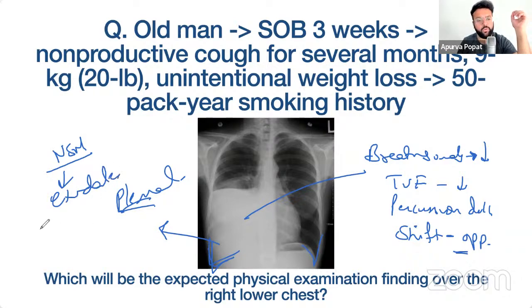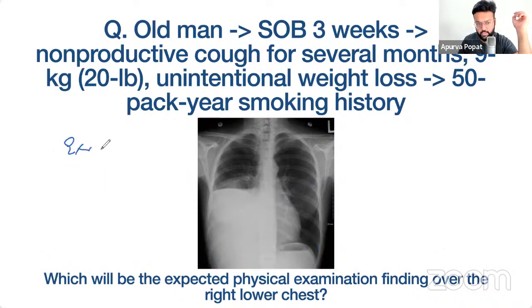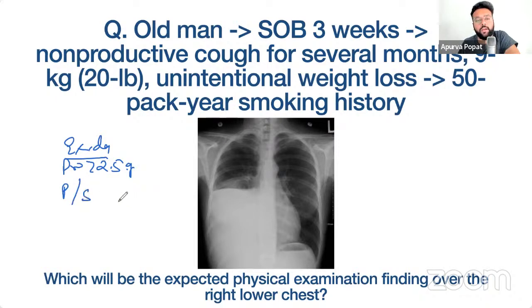Very good. What will be the protein content of this pleural fluid? Increased. If it is exudate, proteins would be increased, more than 2.5. What will be the pleural fluid protein by serum protein ratio? It should be more than 0.5.